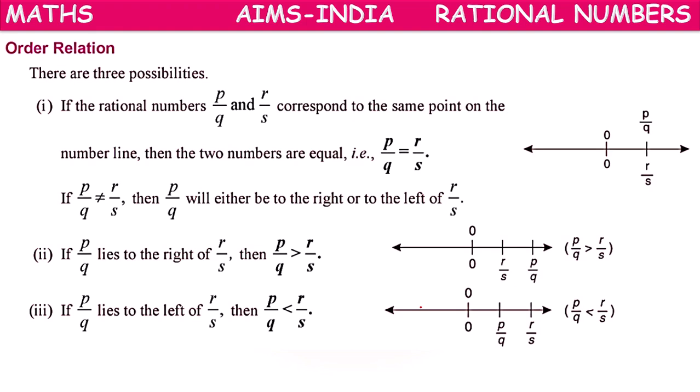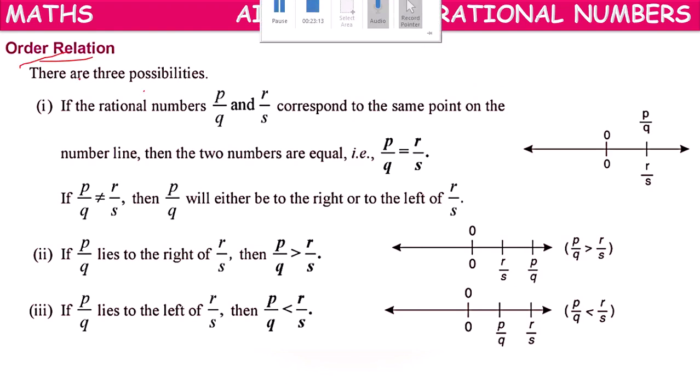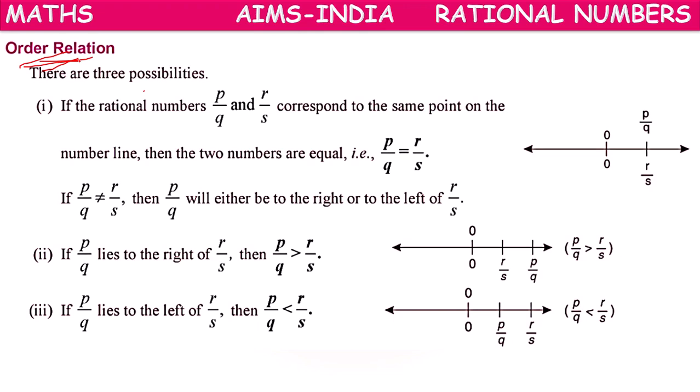Next one. We have order relation. So if we have two rational numbers, one is P by Q, another one is R by S, between these two rational numbers, any one of the following orders may exist.